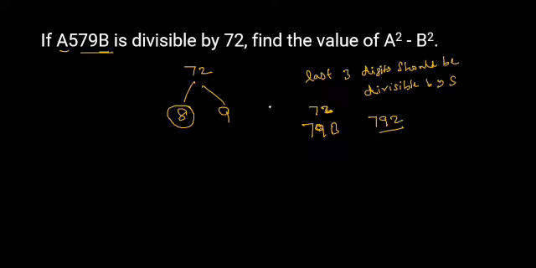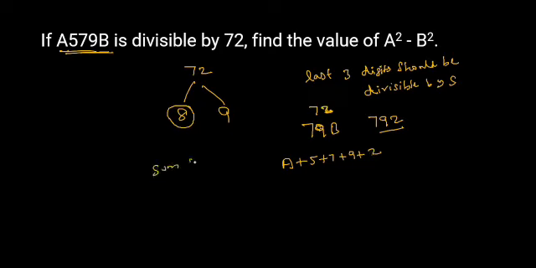Now when B value is 2, how to find the A value? The number should be divisible by 9 now. When we put all these values together, the entire sum has to be divisible by 9. So what is the value of A? A value we don't know. Now we have 5 plus 7 plus 9 plus B, and B we substitute as 2 here. Now what is the rule for dividing by 9?